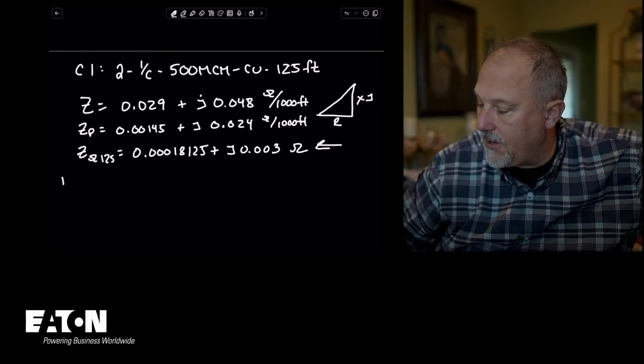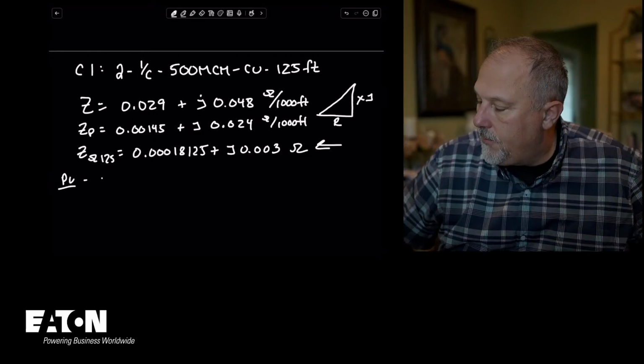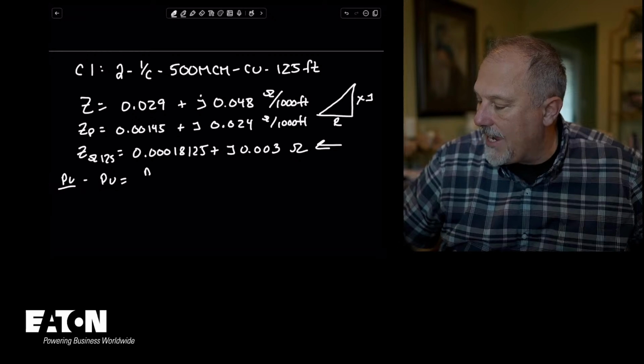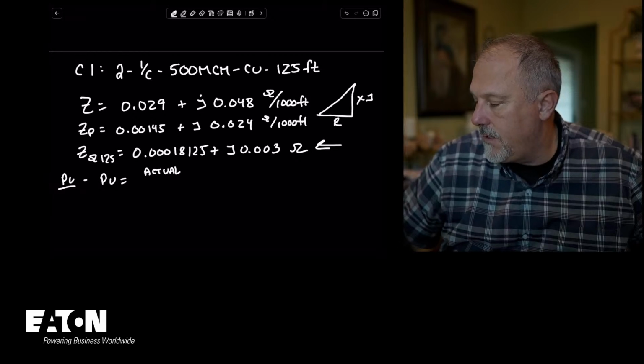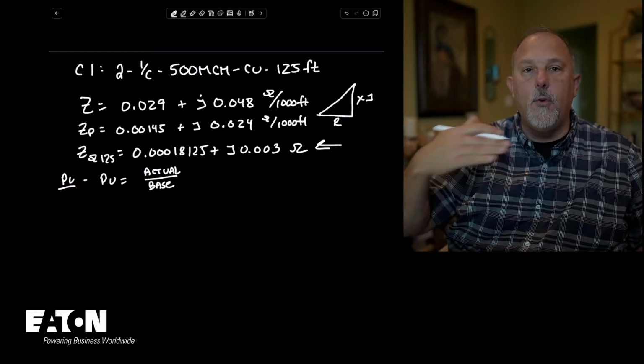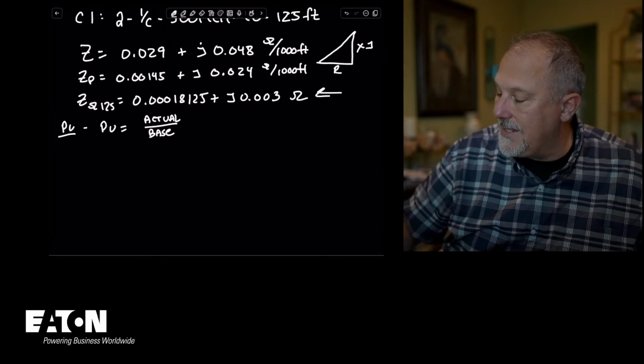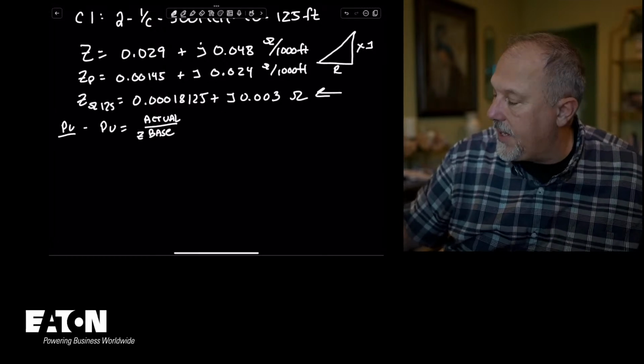Now I need to calculate the per unit value. And to get per unit equals actual over base. Now I'm on the 480 volt side. So let's first talk about what is Z base.